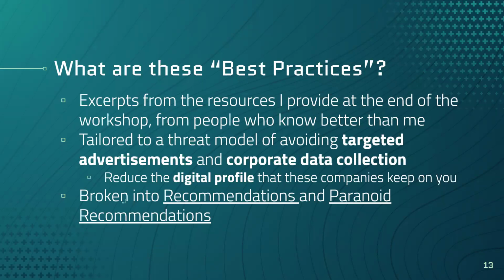So as part of this, I've broken some of my recommendations down into recommendations and paranoid recommendations. The reason I do this is because a lot of people will think privacy is an all or nothing thing. Either you are private or you are not. That's simply not true.